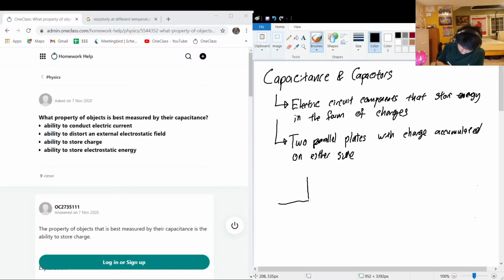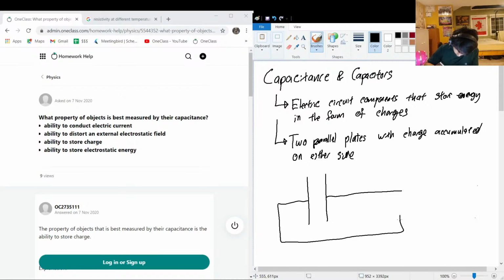So in your circuit diagrams, your capacitors look like this because that's exactly what they are. Okay, so maybe over here, let's say we have a plus minus battery here. You would see that a lot of plus charges would accumulate on the plus side, and you would have an equal amount of minus charges that accumulate on the other side.